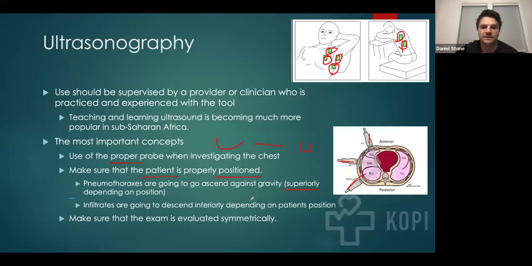This basically means that you're looking superiorly for a pneumothorax for a patient who's sitting up, or if the patient has a pleural effusion, that you're looking inferiorly because the dense fluid is going to go to gravity. The air is obviously going to ascend. So ultrasound of the lungs is an extremely helpful thing.